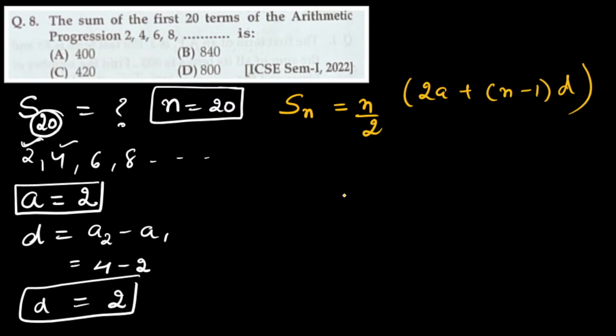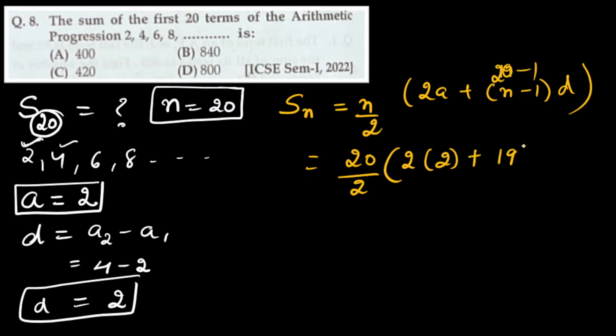Very good. So let us solve this one. We just have to substitute and we'll get the answer. n's value is 20, so 20 by 2, 2a. A's value is 2, so 2 into 2 plus n minus 1. 20 minus 1 I am just going to write as 19. So 19 into d, d is again 2.